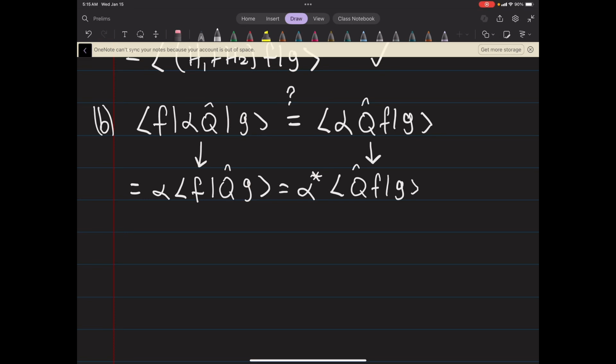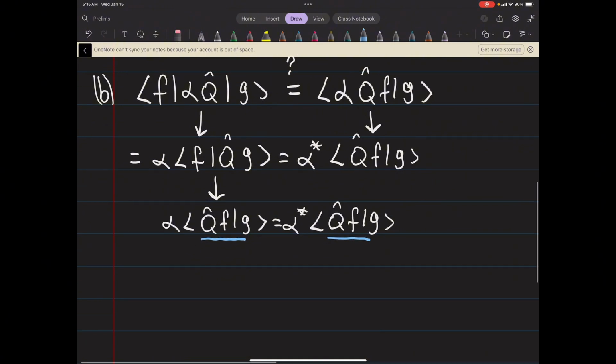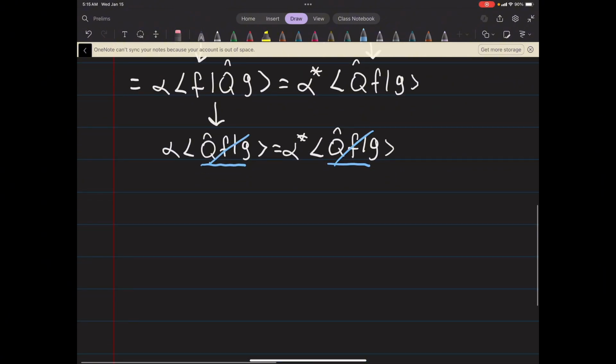Now Q is Hermitian, so this can simply be written like this. But then notice that these are the same. So if you were to divide that out, alpha equals alpha star. That's just another way of saying that alpha is an element of the real numbers.